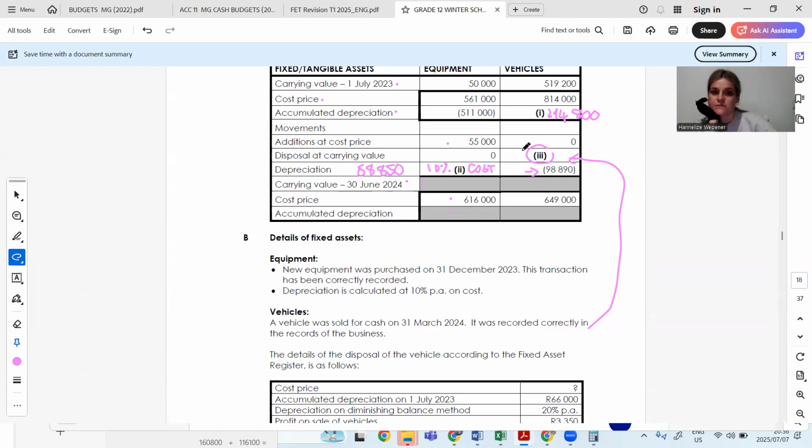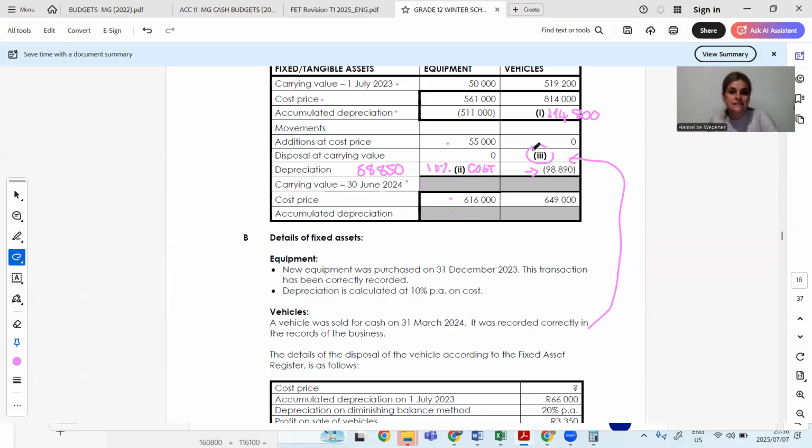Righto. Now the last one. Please calculate the disposal at carrying value. In other words, calculate the carrying value of the asset that you disposed of on the date of sale. In other words, get the cost of the asset that you now disposed of minus the accumulated depreciation on that asset on the date that you dispose of this asset.